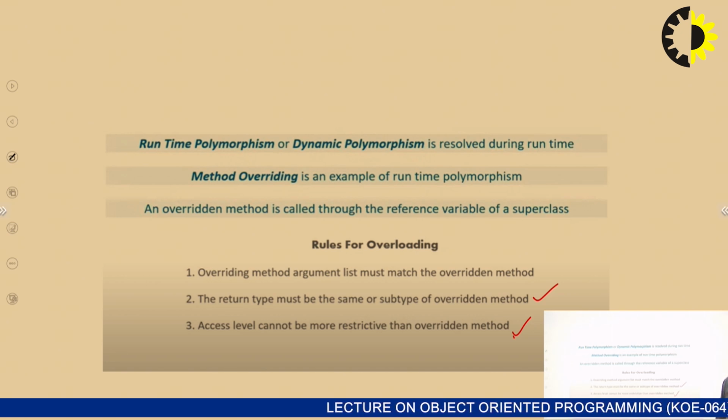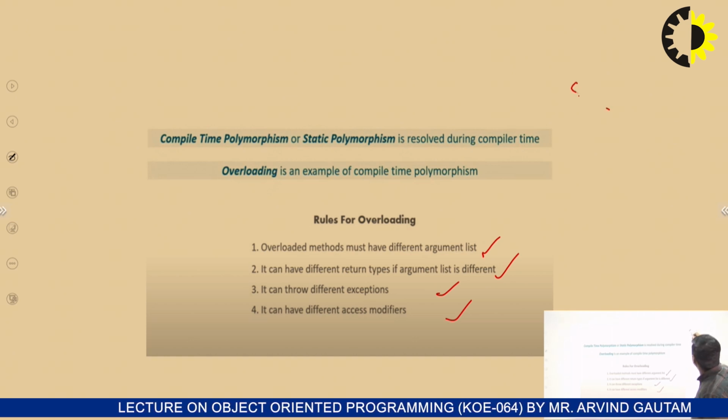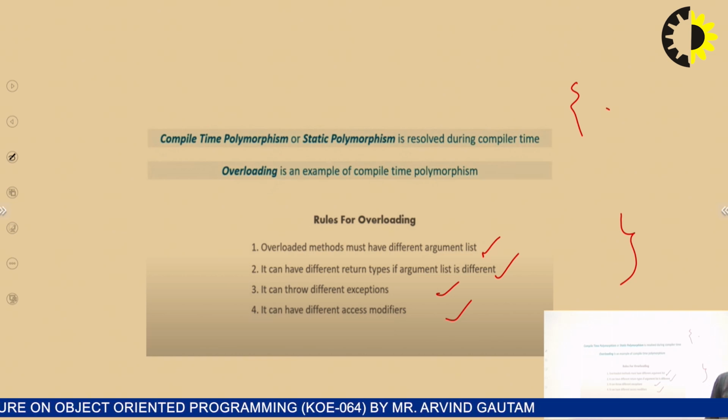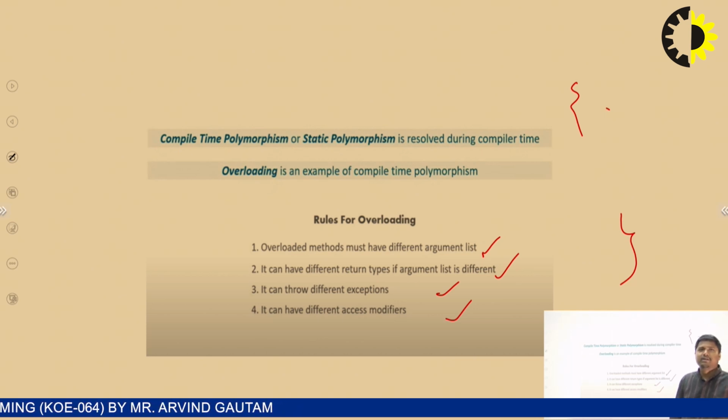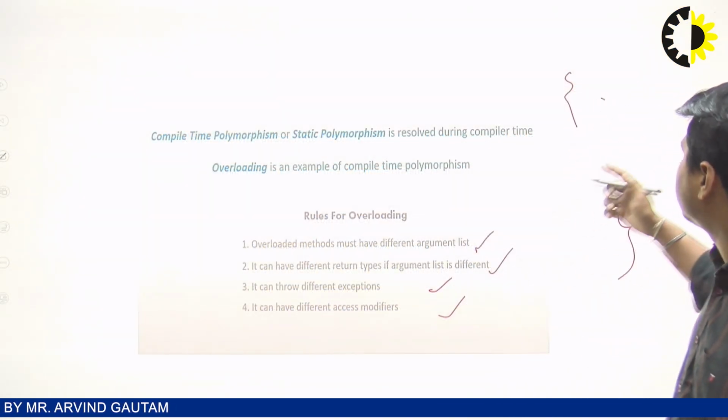So in compile time polymorphism we create a class in which we create more than one method with the same name but different method signatures, because inheritance is not involved in the class.